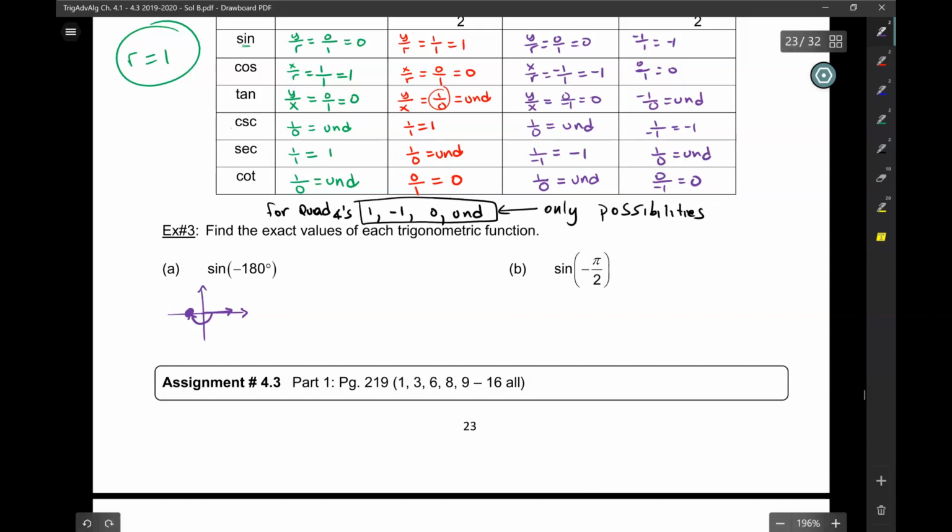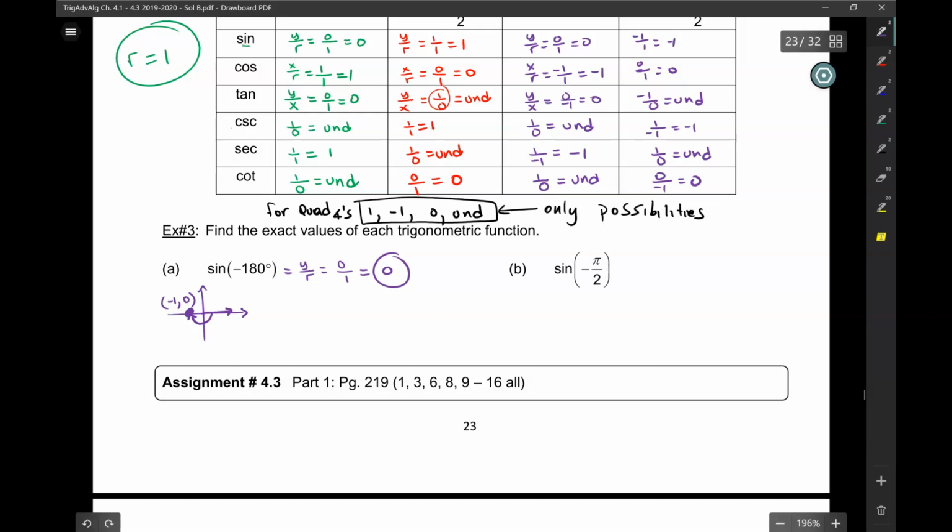At that point, what are my coordinates? x is -1, y is 0. So now, sine is y over r, 0 over r, and r is always 1, so 0. Okay? Let's do the next one.